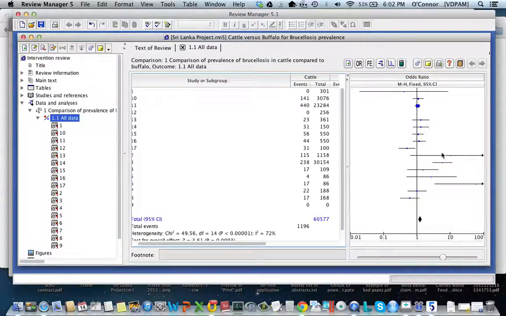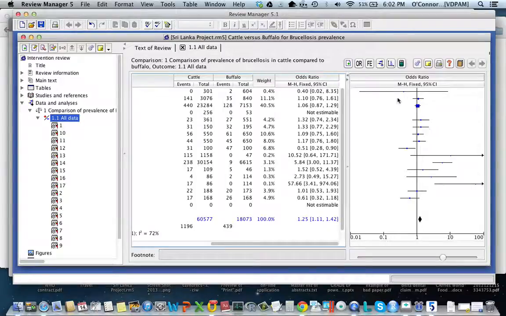So what we can see here is we have one estimate that shows it's more prevalent in buffalo, a fair few estimates that are showing that there's no difference, and then we've got a couple of studies suggesting that seroprevalence is more common in cattle. So there's really not much homogeneity. It seems like we actually have quite a lot of heterogeneity. We're getting different associations from different studies.